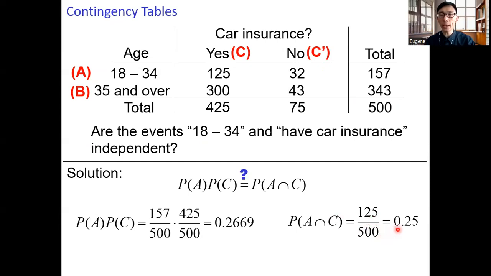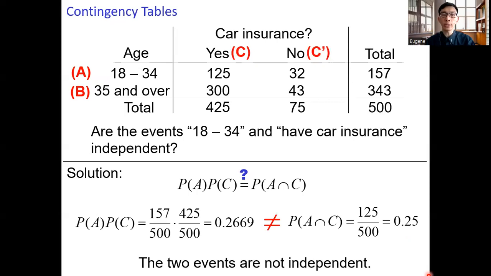Upon calculation, we get 0.25. And then check whether the two probabilities that we have calculated are the same or not. On the left-hand side, we have 0.2669. And on the right-hand side, we have 0.25. The probabilities are not the same. And therefore, we can conclude that the two events are not independent.